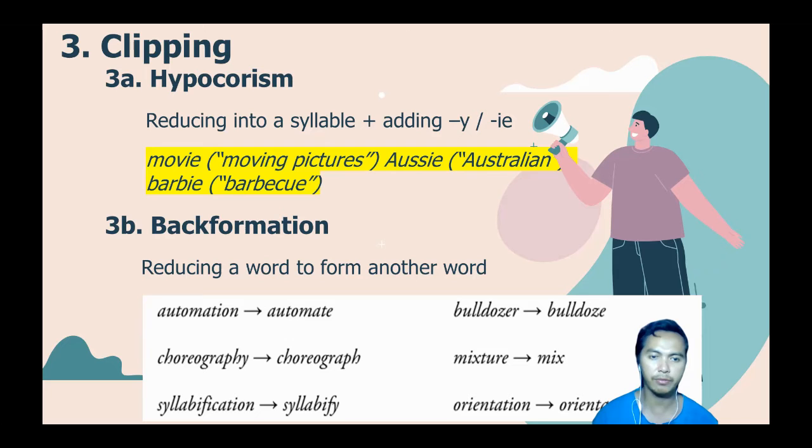Syllabification into syllabify. Bulldozer, you reduce it into bulldoze and so on. Here you can see that sometimes the next form has a different part of speech, while in some others it has a similar part of speech, like in choreography and choreograph. In automation, there is a change of part of speech from noun into verb.